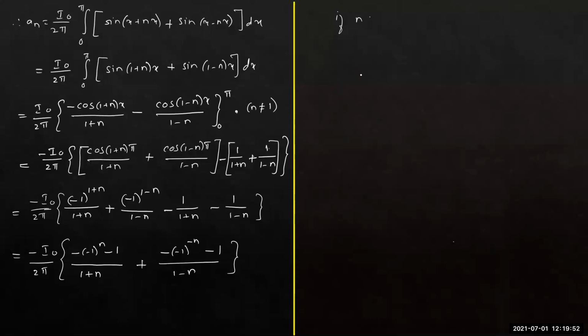But before that, I'm just simplifying it by taking n as even. If n is even, then what happens to an? An is equal to minus I naught by 2 pi. When n is even, this minus 1 to the power of n becomes plus 1. So what remains in the bracket? Minus 1 divided by 1 plus n. And it is the same story when it is minus 1 to the power of minus n and n is even: it also becomes plus 1.